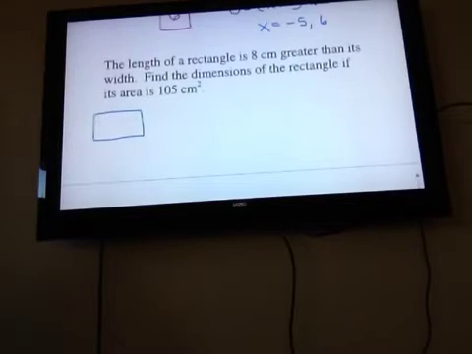This one describes the length, which means they tell me nothing about the width, so we begin with x on the width. So whichever dimension they're not describing is where you begin with x. Then it says the length is 8 greater than its width. No twice, no 3 times, just 8 greater, which means add 8.